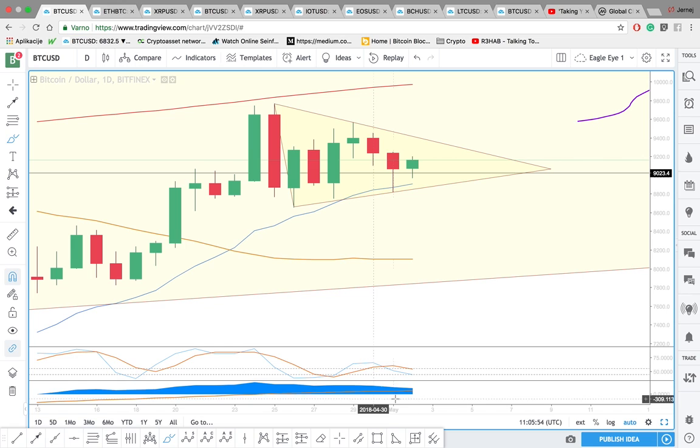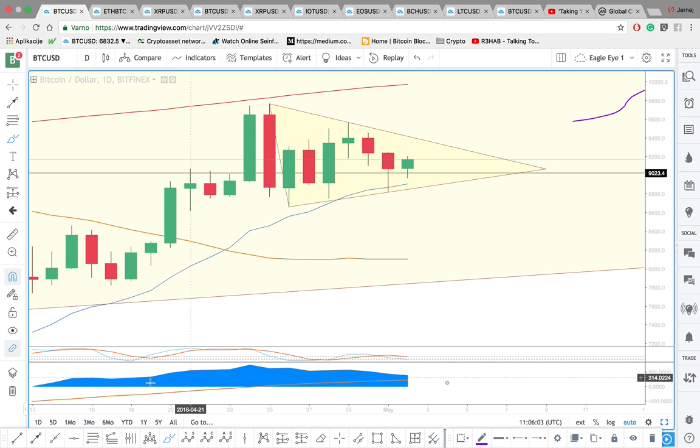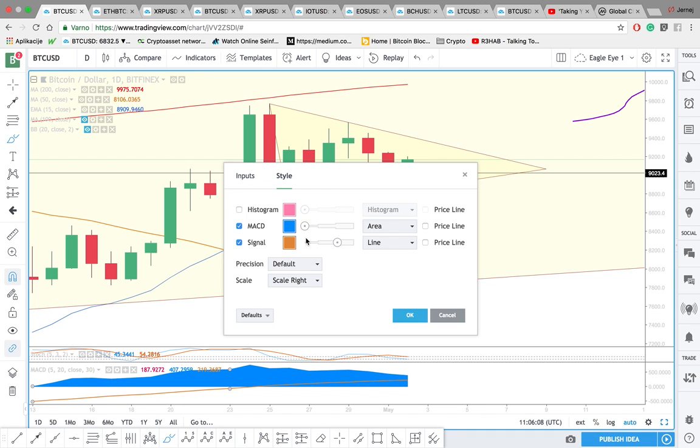Momentum is to the downside, but on the moving average here, or not moving average, on the MACD, which is this, and I have special settings for that, so it's not the usual one.